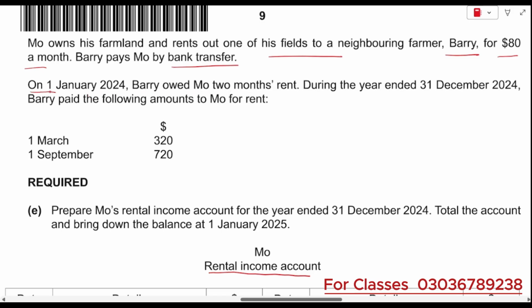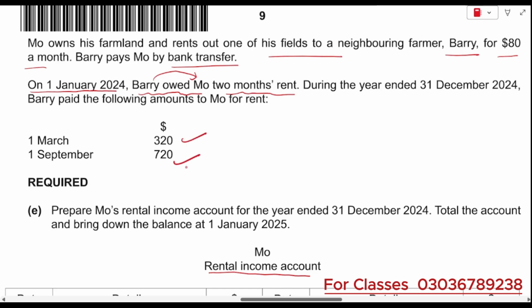Very important information. On this date, Barry owed Mo means Barry has to give Mo 2 months rent. It means this is the accrued rent, that some rent of 2 months of previous months has not been paid. During the year ended 31 December 2024, Barry paid the following amounts to Mo for rent.